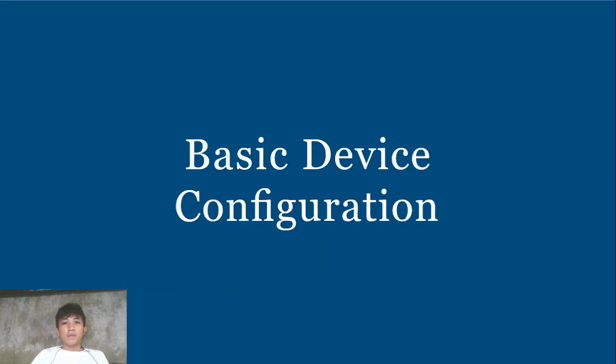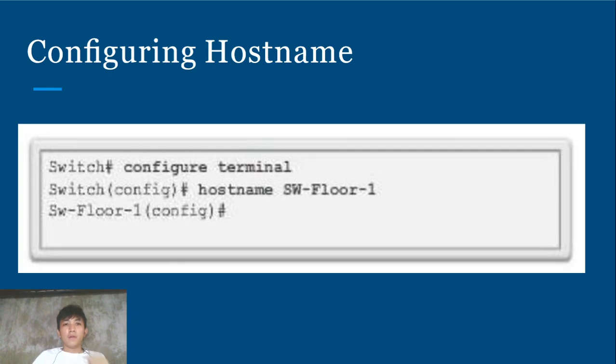For the basic configuration, to configure a hostname, first you need to enter the privileged EXEC mode, then put the command configure terminal. Then you have the command hostname, followed by the name you want for your switch. Like this one, hostname SW-Floor-1, that's the variable they use.